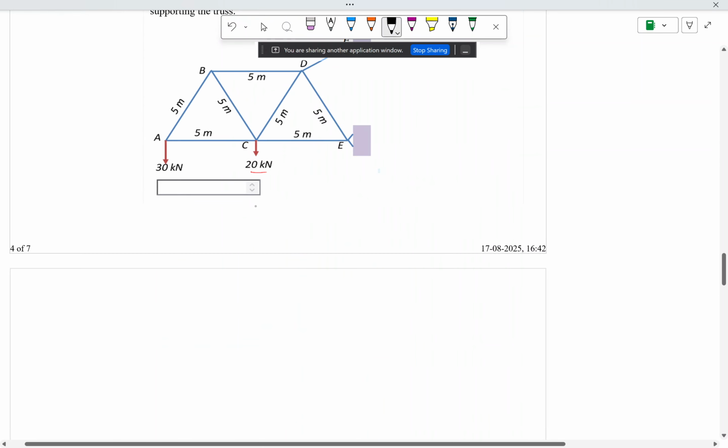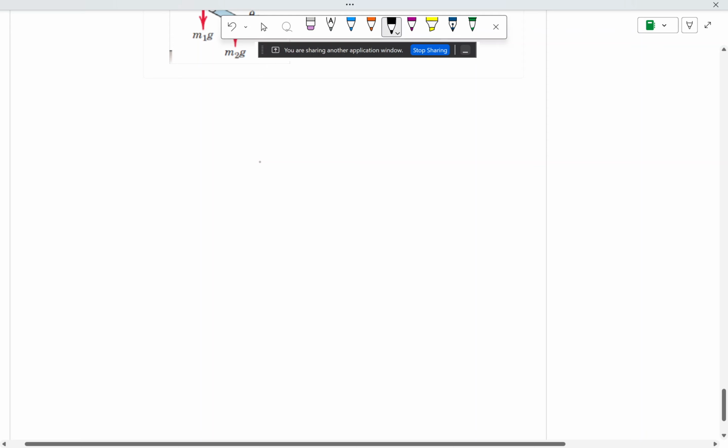So let us now choose our blank page and start solving it. This is our question number 1. Let's say this is our ground, drawn like this, and there was this rod-like object.